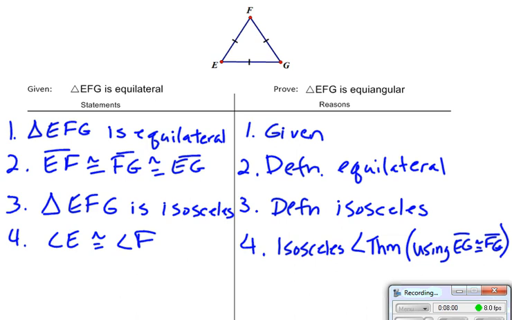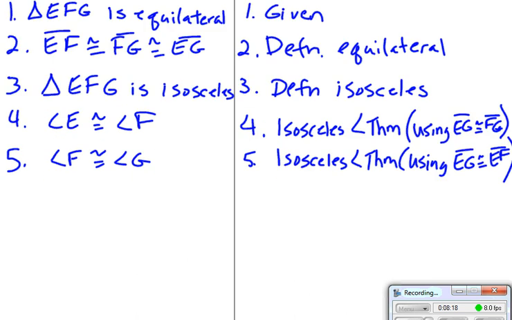I have angle E congruent to angle F using my isosceles angle theorem. Since I have three sets of congruent sides, it's a good idea to emphasize what you're using, which is why I said that I'm using the fact that EG is congruent to FG. We can also say that angle F is congruent to angle G. See if you can write the reason for that.